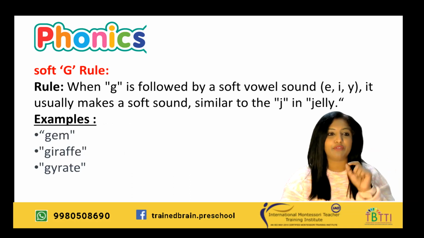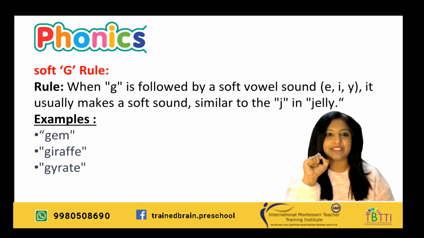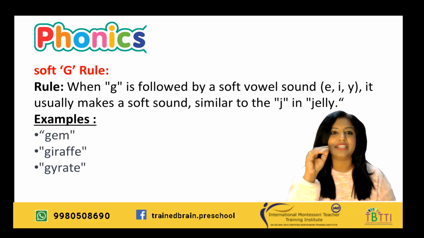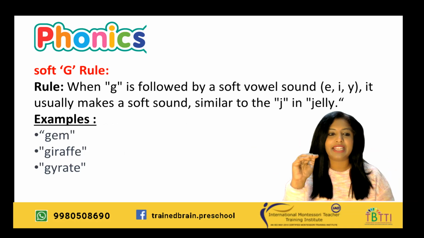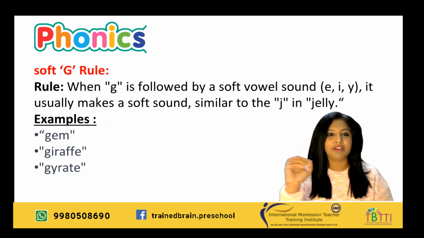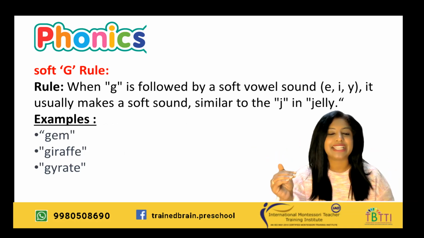So take an example of the following words. When I have words like gem, I don't say g, gem, because the sound of the letter G is g, right? So when I decode, I shouldn't say g, m. Giraffe, I don't say it that way. We say gem, giraffe, gyrate, right?